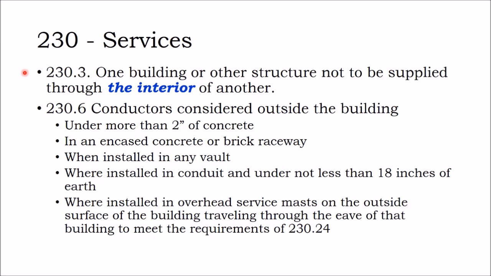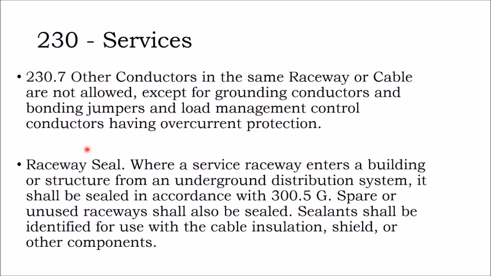So they say, if you're on an overhead service mast and you stay on the outside surface of the building, but you have to go through the eave of one building to get to the next building, as long as it meets certain requirements, they give you a little bit of allowance. I guess if you're on a northeast coast style row home.